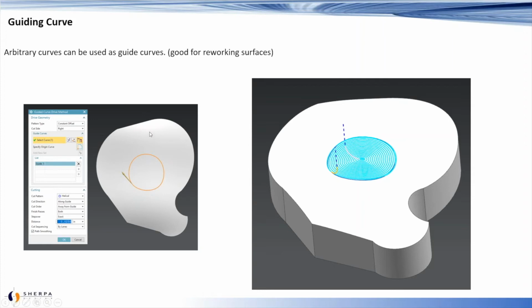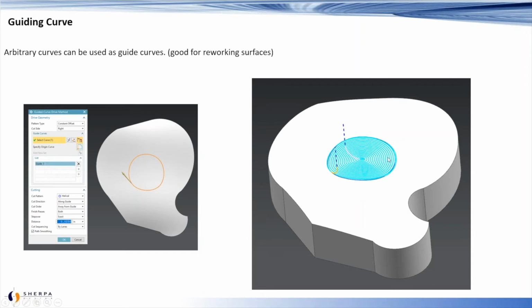If you pick a closed guide curve for your constant offset, which can only use one guide curve, it will start there, and you can go to the interior of the part, or to the exterior of the part, or you can tell it both. If you want to machine this entire part and start at the center of this circle, you could tell it to do both, and it will do the entire part.